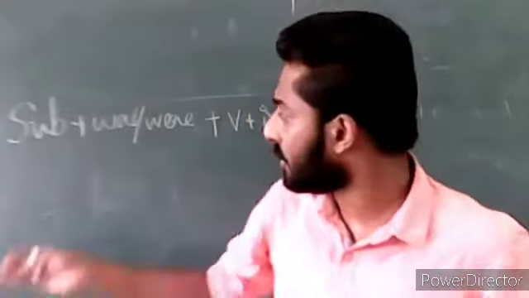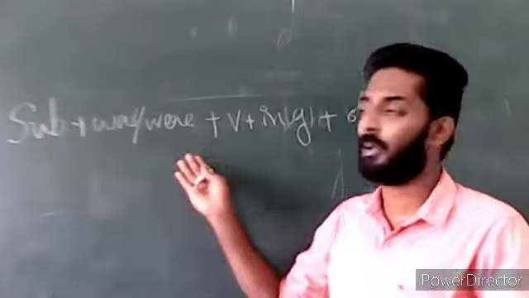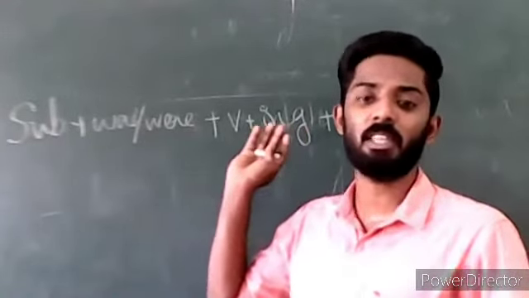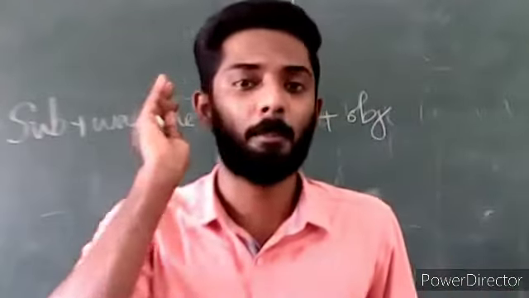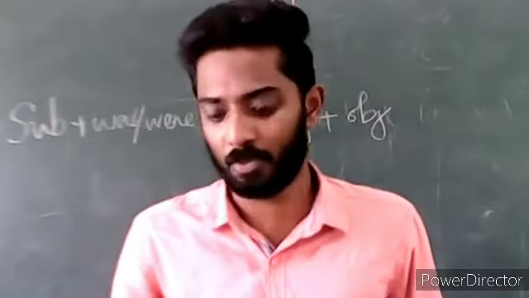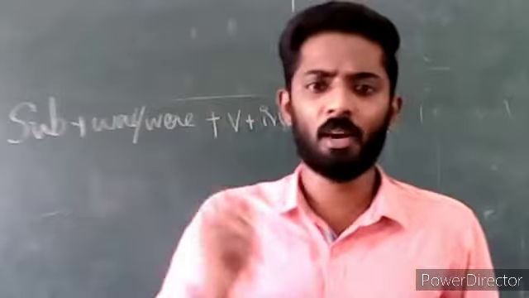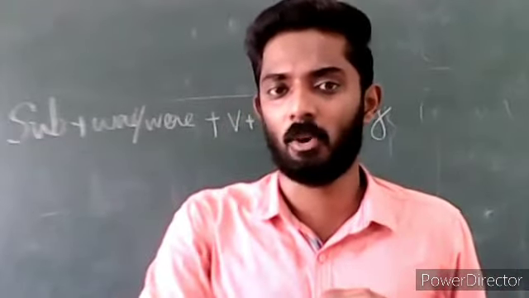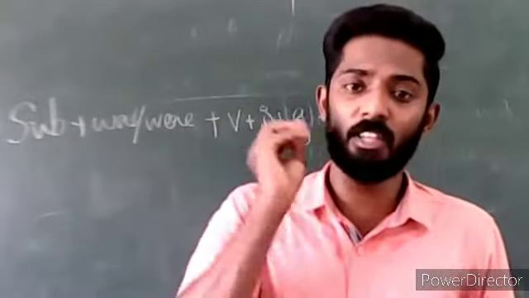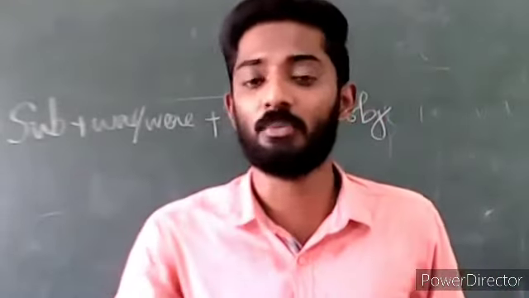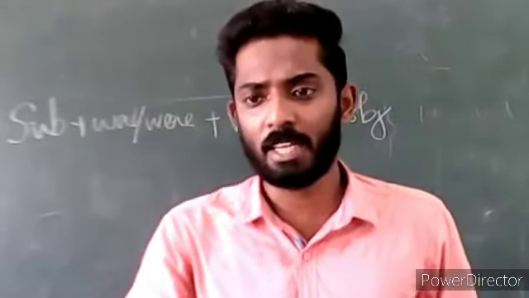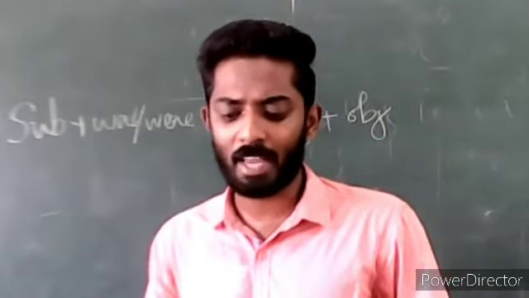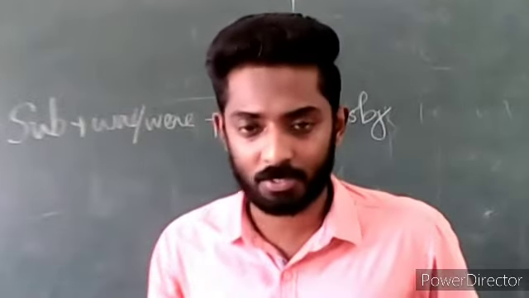So here, subject plus was or were plus verb plus ing plus object. So this is the format of the past continuous form. Okay. So now we move on to see how to use these sentences, or how to use past continuous in different situations.